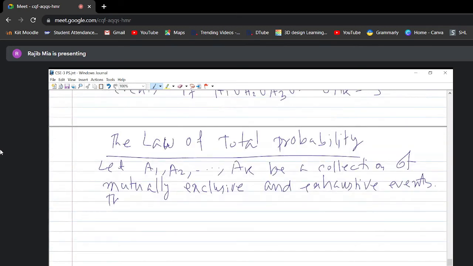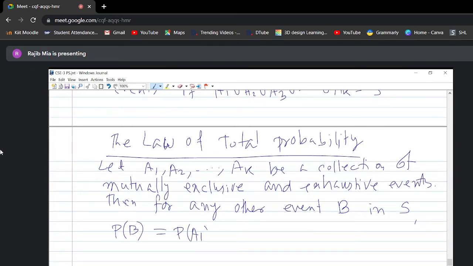Then for any other event B in the sample space S, probability of B equals probability of A1 into probability of B by A1, plus probability of A2 into probability of B by A2, plus dot dot, plus probability of AK into probability of B by AK.